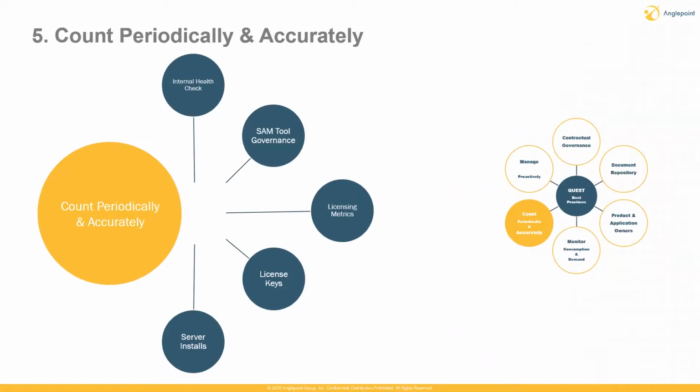So let's talk about conducting internal health checks and being able to locate, interpret, and track what's installed in your environment. The best way to ensure compliance, as well as really identify optimization and good internal housekeeping procedures that will prevent headaches for you, is to conduct a detailed review of your Quest portfolio every 6 to 12 months.